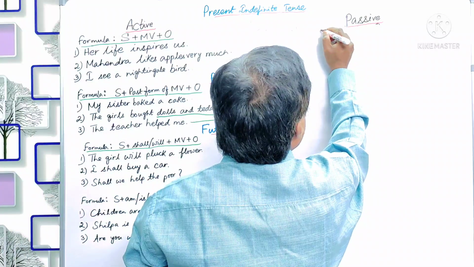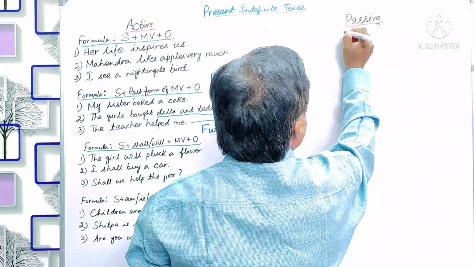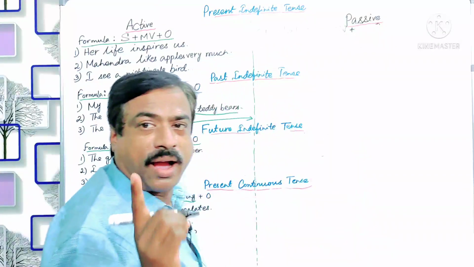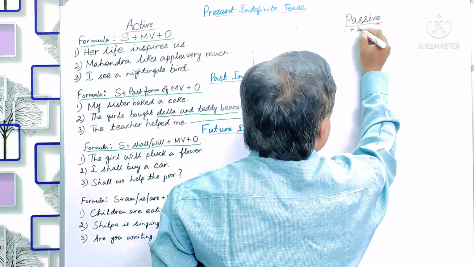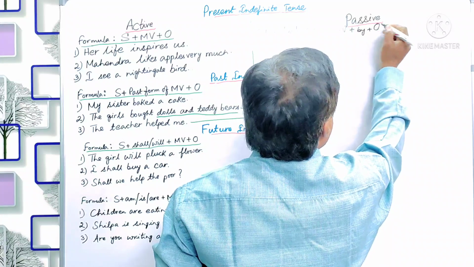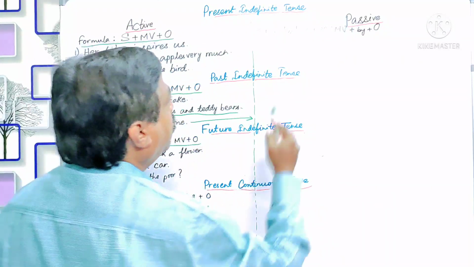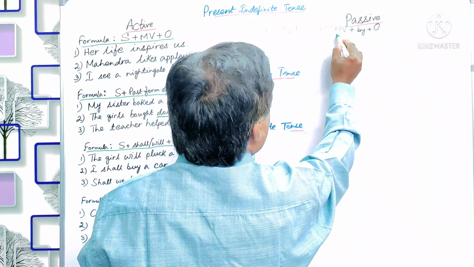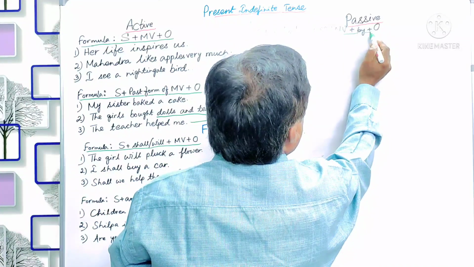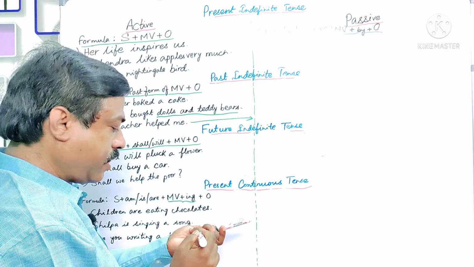In short we can write pp of main verb plus by plus object. So this is the formula that is derived in the passive voice in the present indefinite tense.